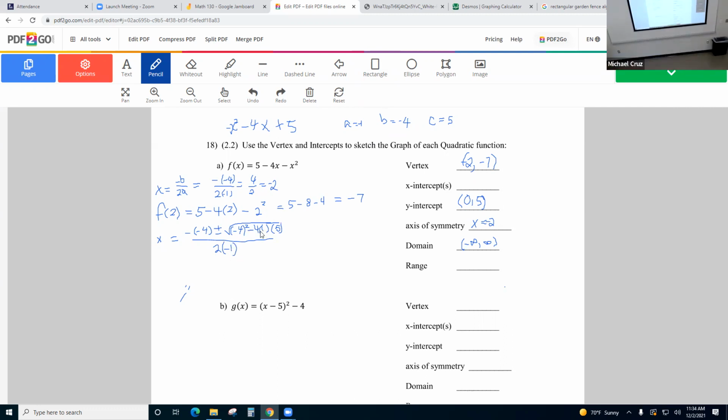Minus 4a, this is a -2, okay. So that's 4 plus or minus. And that's 16 plus 20. But that's 4 times 5, and there's 2 negatives over -2.